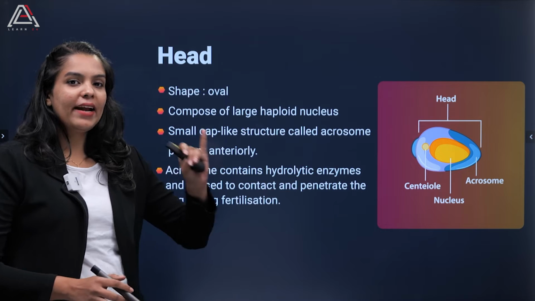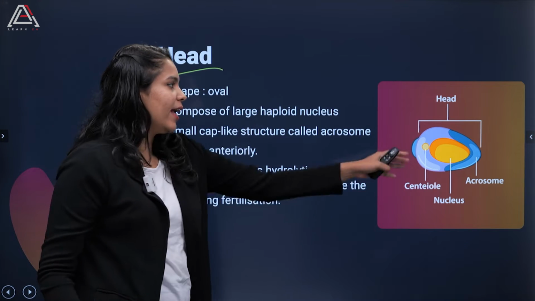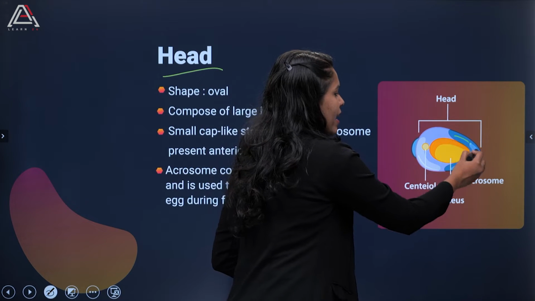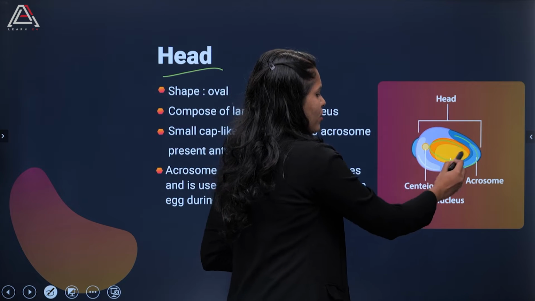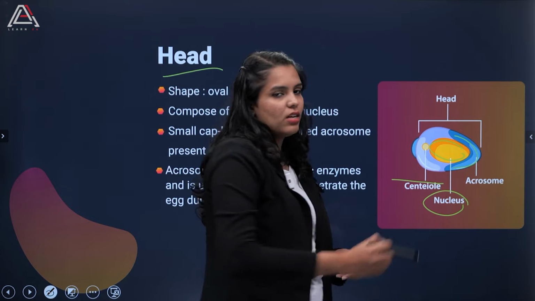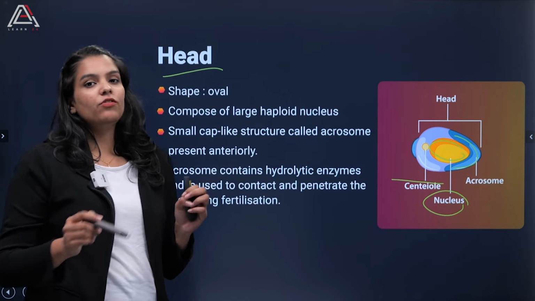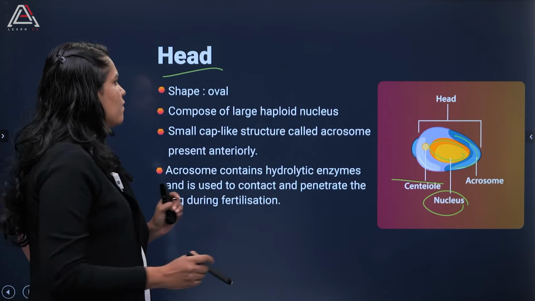Talking about the head first, the head consists of an acrosome at the tip, then a huge nucleus, and then a centriole. The shape of the head is somewhat oval.